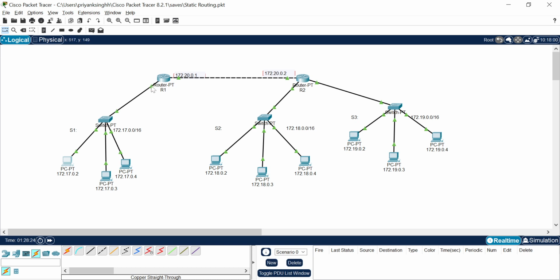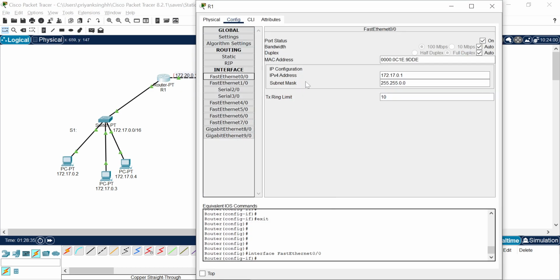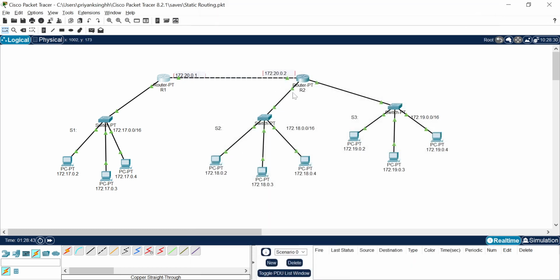I have used Fast Ethernet port 0/0 for the connection of this network to the router. So I have to check Fast Ethernet port 0/0 of this router. I have entered the 172.17.0.1 IP address over here. Similarly, I have to check the same Ethernet port of router 2.